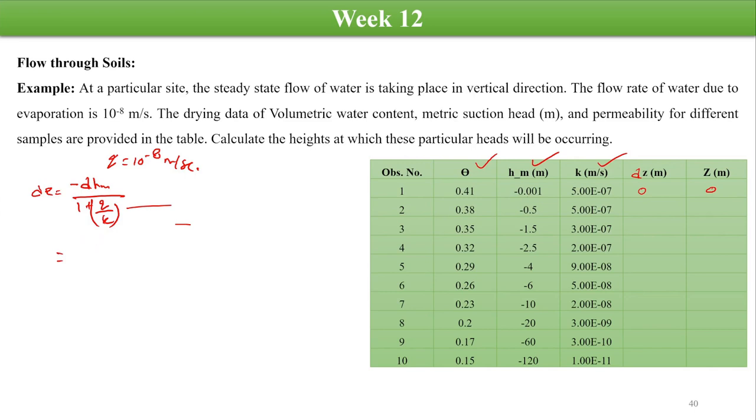Head difference is given as h1 minus h2, and this is already in minus, upon 1 plus this q, that is given as 10 to the power minus 8. It is actually coming into the soil, so it's infiltration, that will be minus. Okay, and then it will be divided by the k value. K value is nothing but 5 into 10 to the power minus 7, right?